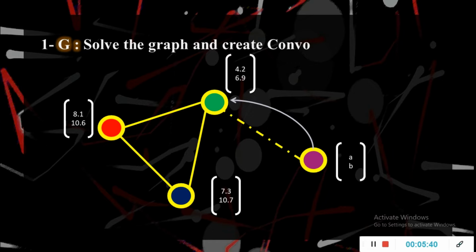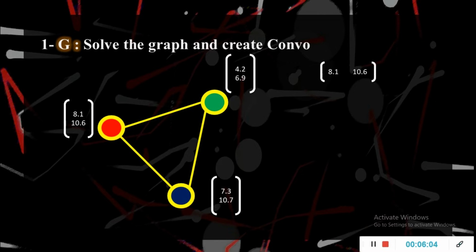In the very first step, the information of the new node is stored on the green node, and after this the green node transfers the information to the red node. So there are 2 hops. This number of hops can be decided by you, and it equals how many times message passing is done.